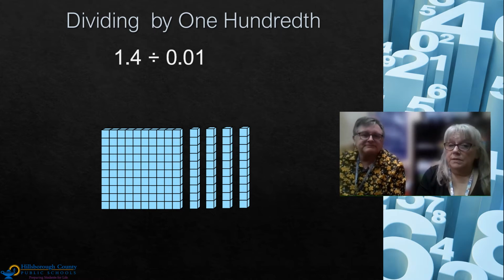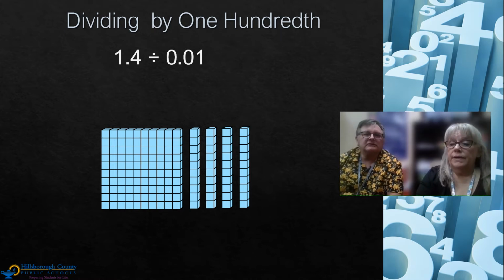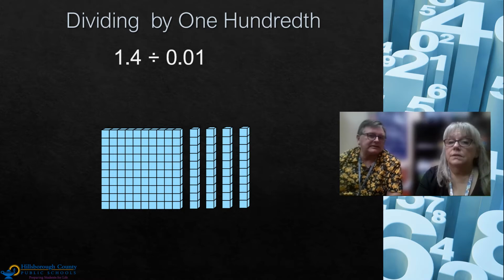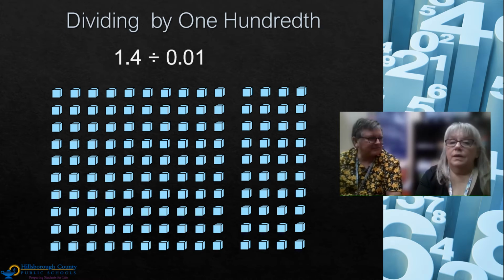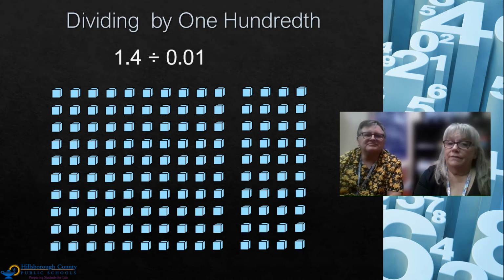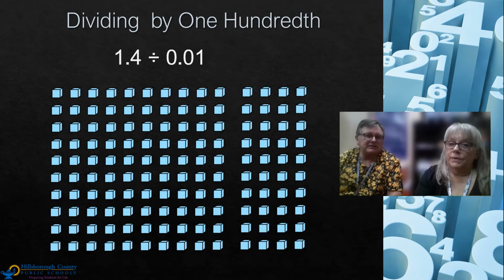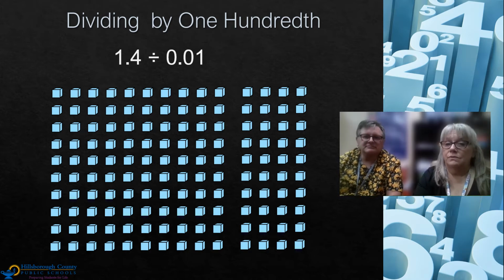I'm going to have to decompose that whole into 100 pieces and the rods into hundredths as well. Correct. So when I do that, there they are. On the left I have 100, and on the right, I have 40, because my 4 tenths each separated into 10 hundredths, giving me 40 hundredths.